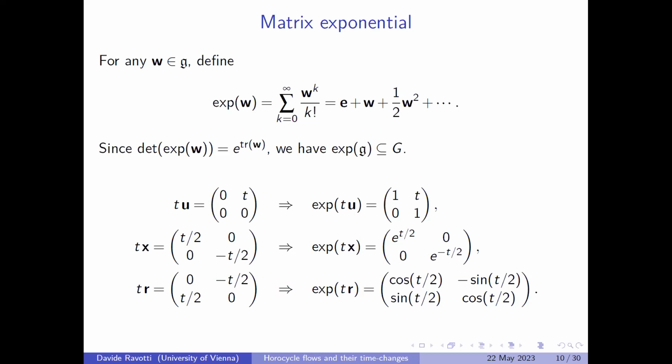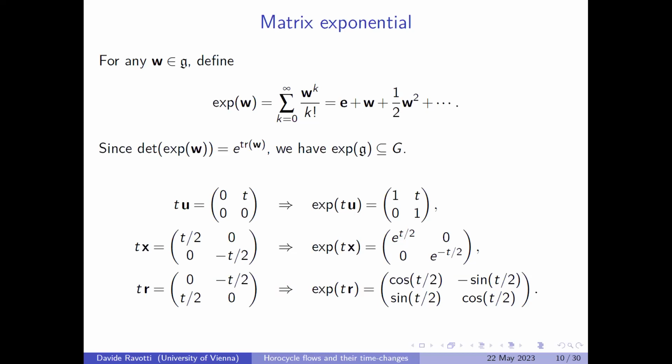If I do it for my old matrix X, that was 1/2, 0, 0, minus 1/2, now I just multiply it by T and take the exponential. The exponential of a diagonal matrix is a diagonal matrix whose entries are the exponentials of what was in there. So I get this collection of elements in here.